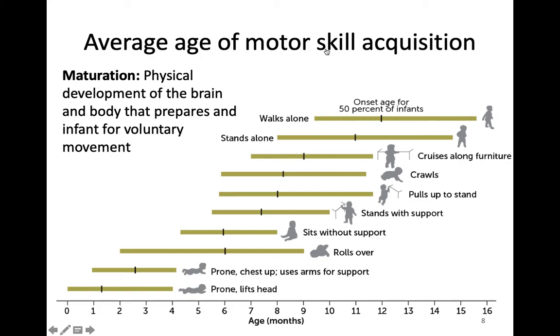So the early reflexes that an infant has help the infant survive in the first months of life, but being able to move on their own is kind of another matter. Babies have to learn these motor skills. So these are not necessarily innate abilities. These motor skills must be learned.